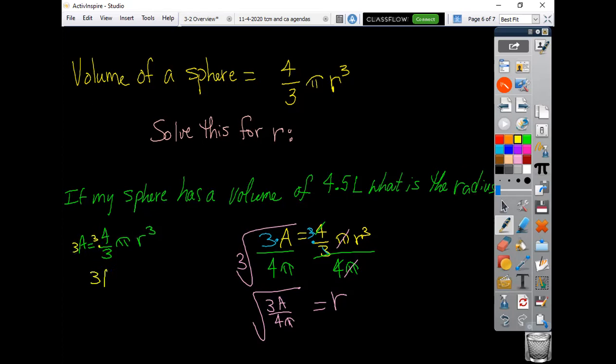So then I have 3a equals 4 times pi times r cubed. Trying to get r alone, remember what our goal is here. Divide by the 4 and the pi to get the r cubed by itself at least. So then I've got 3 times the area over 4 times the pi, and it ends up equaling my r cubed.